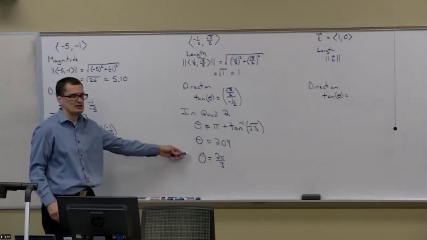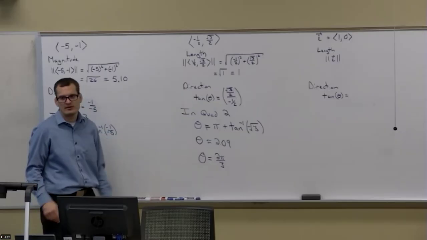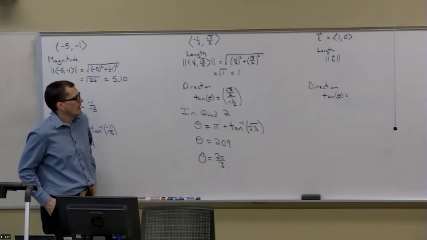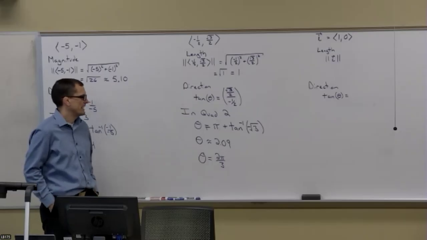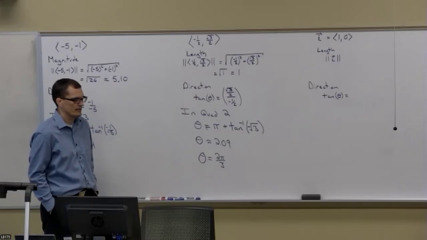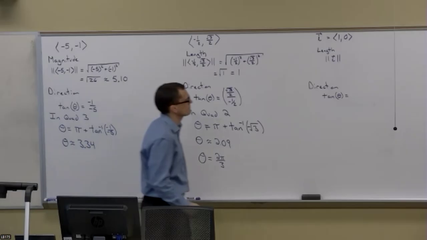I'm getting that from the unit circle, right? And knowing what the decimal version is. So 2 pi over 3 radians, or about 2.09 radians.